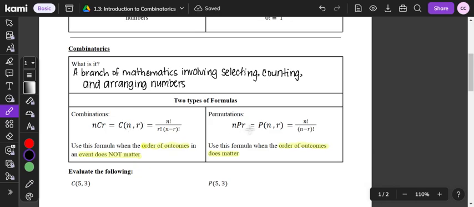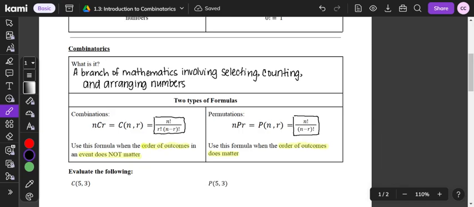Same thing over here with the permutation, but with P instead of C. The formulas are also very similar. The formula for combinations is n factorial divided by r factorial times n minus r factorial. The permutation formula is the exact same, it's just missing this extra r factorial in the denominator.